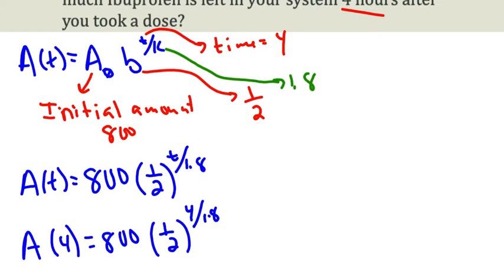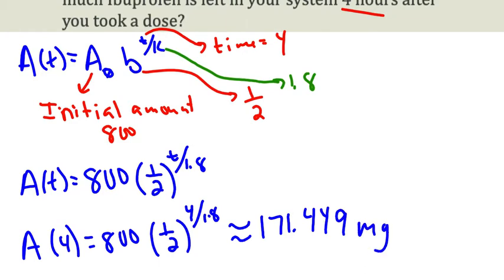So plug that in, 800 times 1/2, which you could just enter as 0.5, raised to the exponent. I would put parentheses there, just to be safe. And what I just got when I plugged that in was approximately 171.449 milligrams.